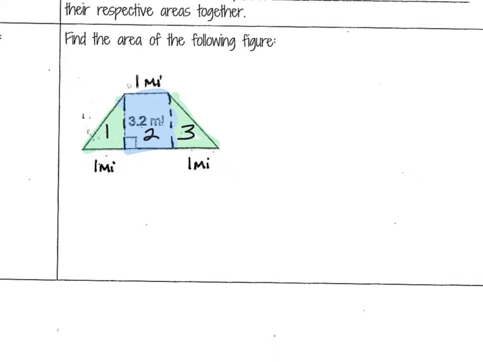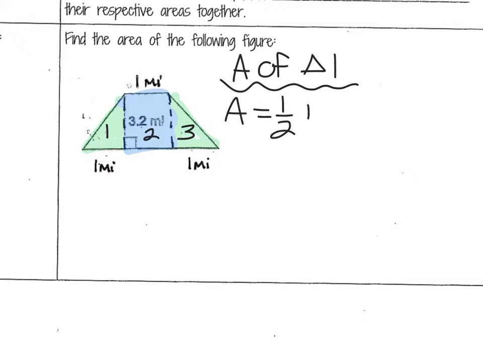So I'm first going to find the area of triangle 1. The area of a triangle is 1/2 base times height. So I have 1/2. Here's my base. And then this 3.2 is my height.